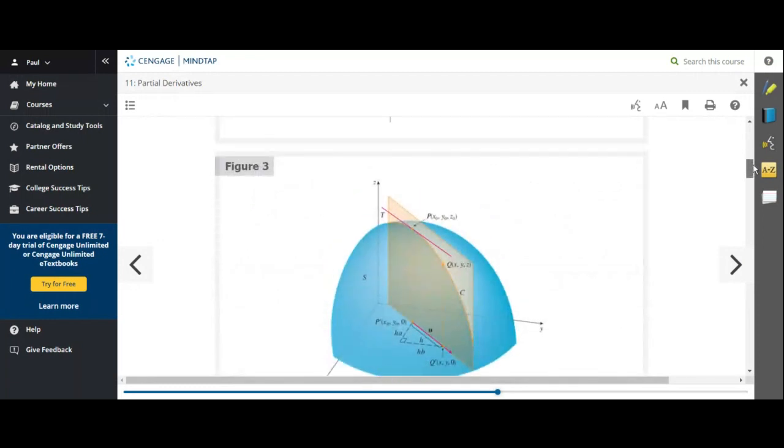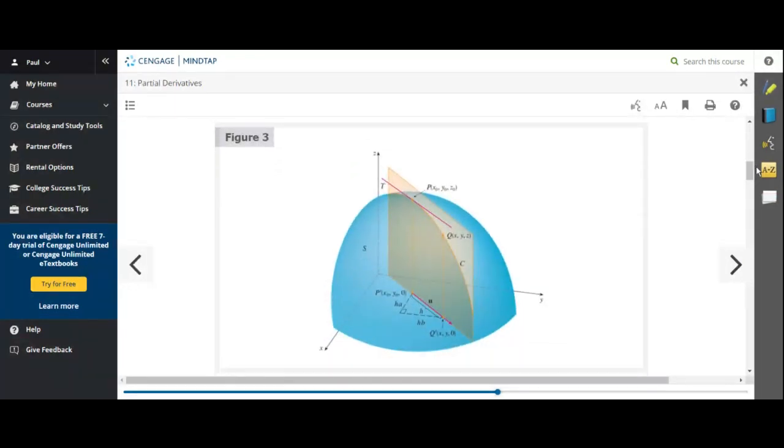So, for instance, here in figure 3, now we're back to section 11.6, here is a surface, and there's a point on the surface, and we're drawing a tangent line to that point on the surface. But what direction is that tangent line pointing in? That tangent line is parallel to what vector?